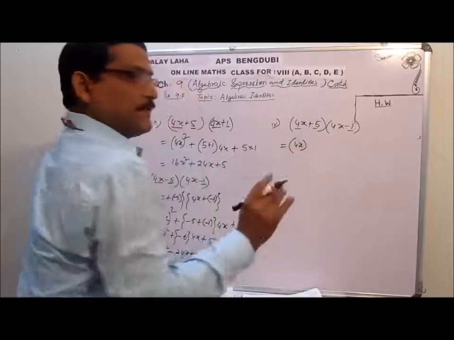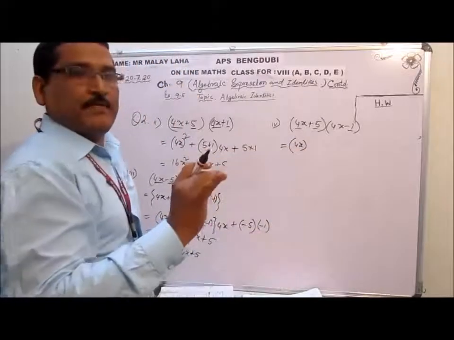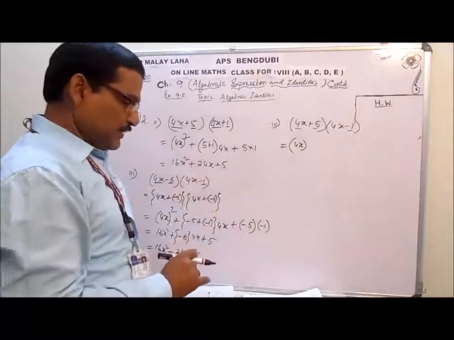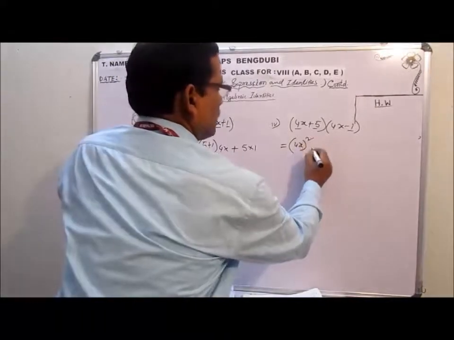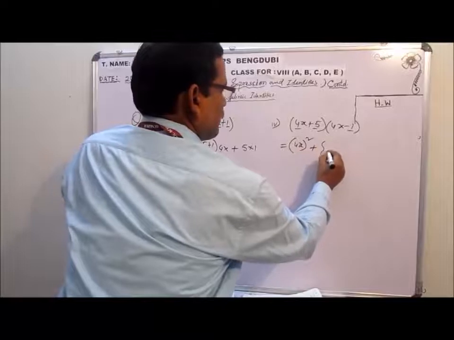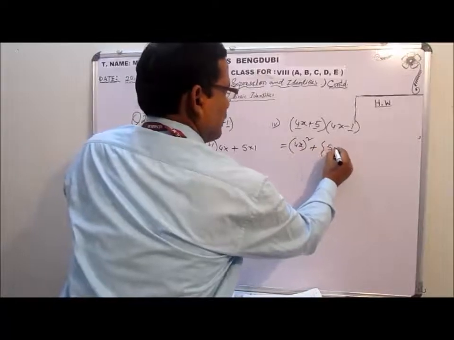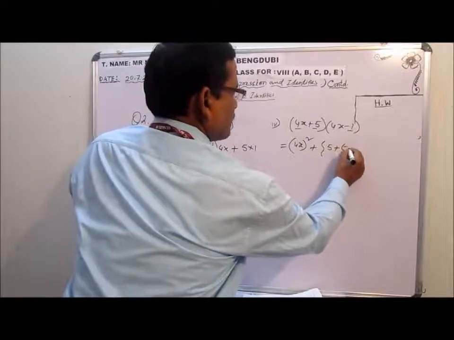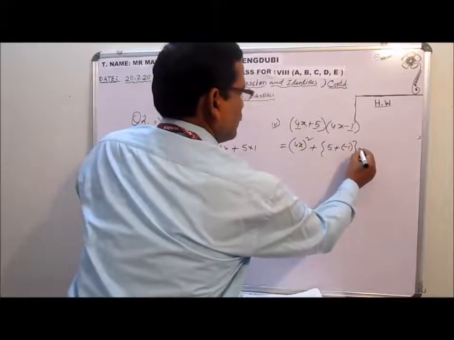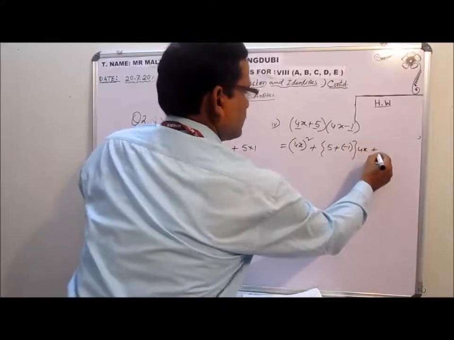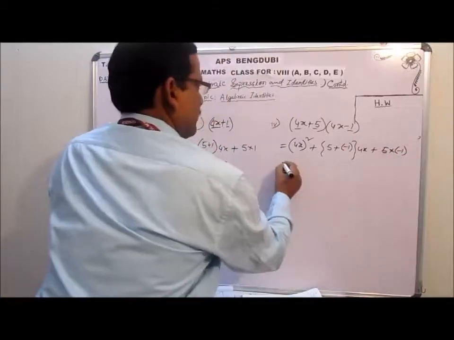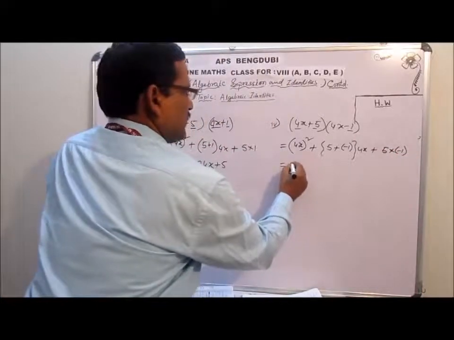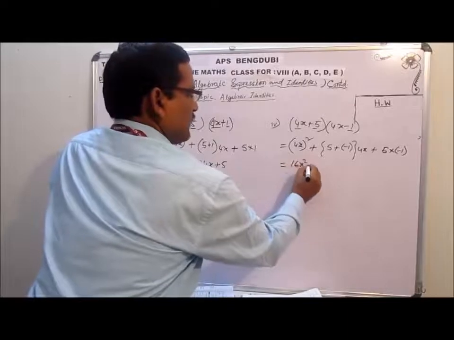I am not writing the identity because at the beginning I have written it, and all the questions given here we have to follow that particular identity. Plus a means plus 5, b means minus 1, into 4x, plus 5 into minus 1. After squaring I am getting 16x square.